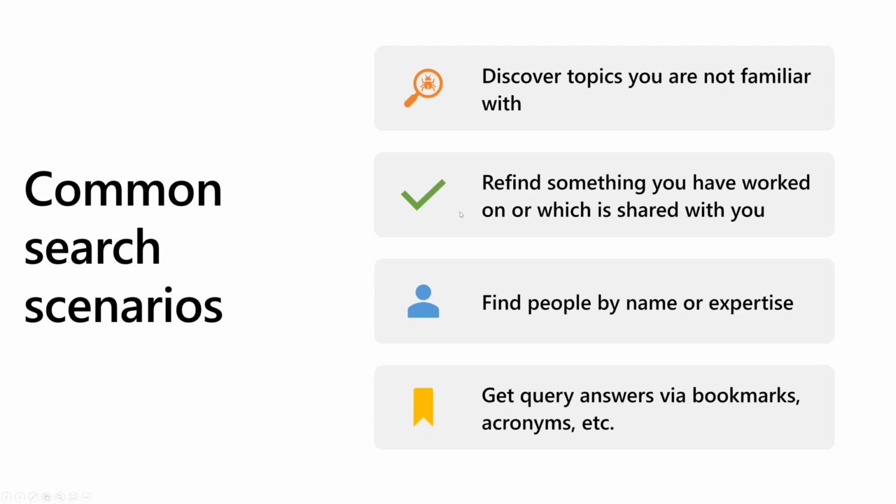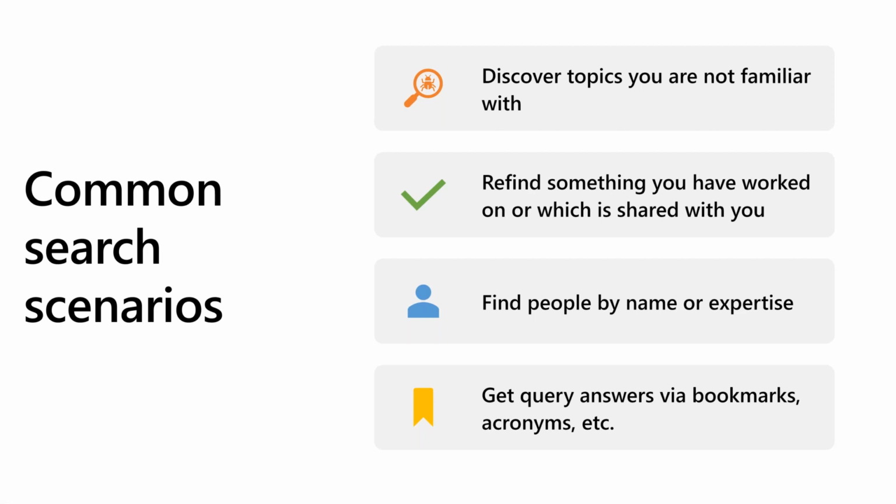But we are working to figure out how can we make both of those search scenarios work for the end users without having to add a lot of different UX toggles, where you have to pick one over the other.